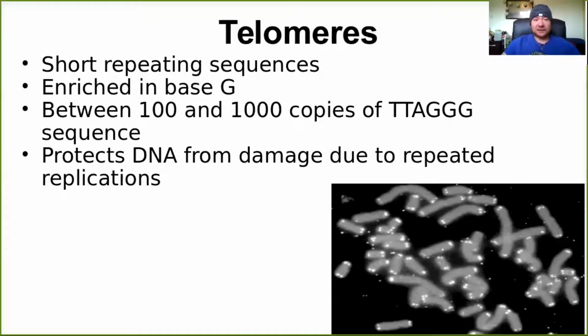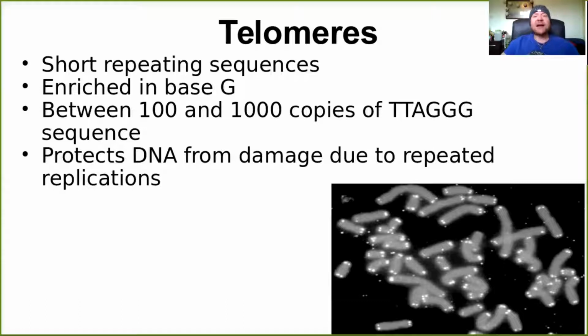The telomeres. The end of a chromosome has a kind of pad known as a telomere. You can see that in this picture here, where it's been stained so that it fluoresces the end of each chromosome. The telomeres are short repeating sequences enriched in the G base, guanine. Between about 100 and 1,000 copies of the nucleotide sequence TTAGGG is at the end of every single chromosome.